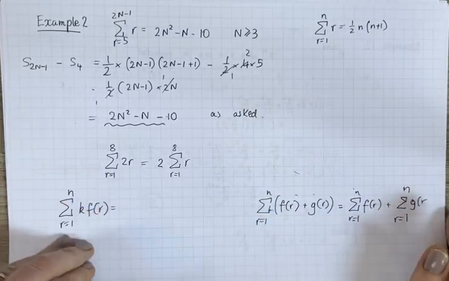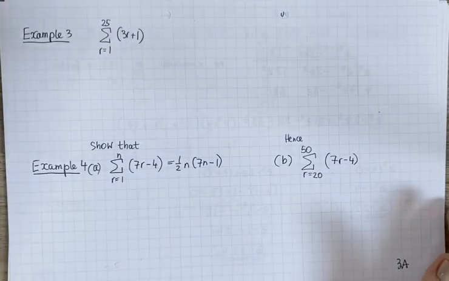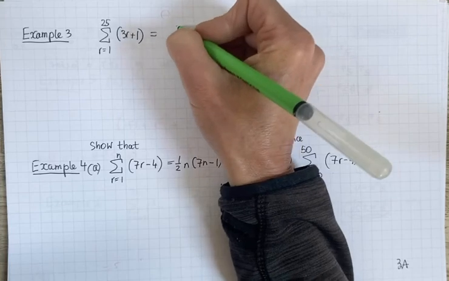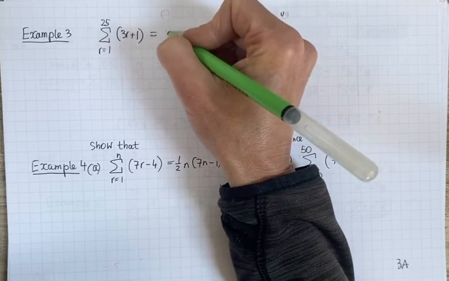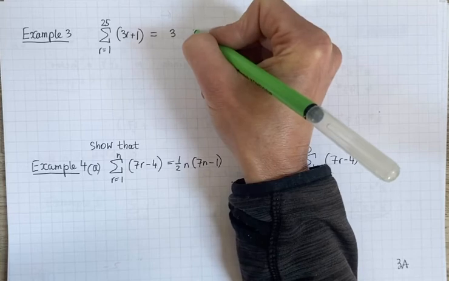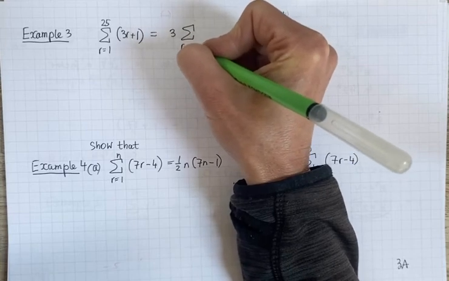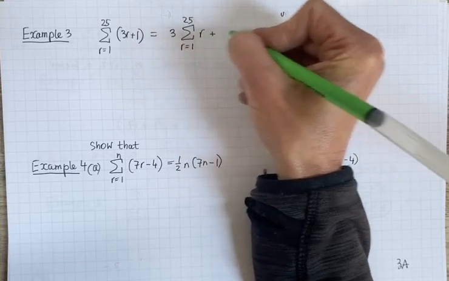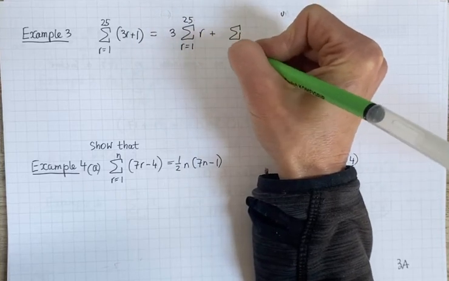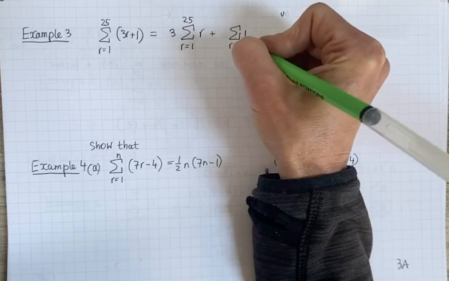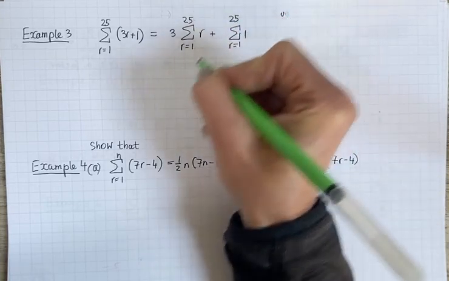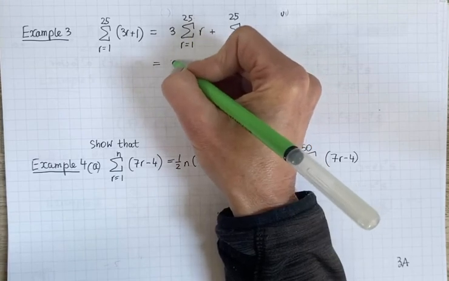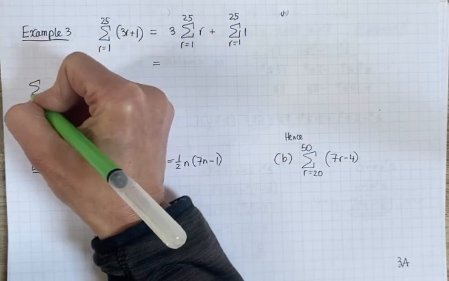Okay, so moving on to example 3. Using the results from the previous part, we are going to think of it as 3 lots of the sum of r from 1 to 25 plus the sum of ones. So 25 terms, so our n is going to be 25. I said always quote it.